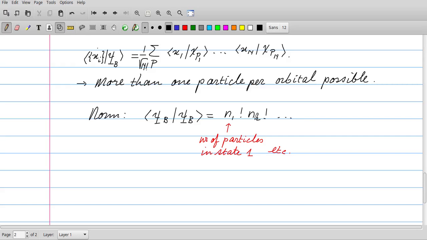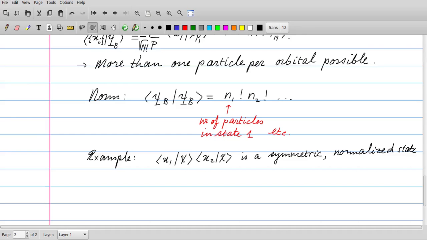Let us work out a simple example. As an example, we take two particles, 1 and 2, and they are both in the same state, which is chi. So the wave function then is x1 in chi and x2 in chi, and if these two orbitals are nicely normalized, then this is a symmetric normalized state. If we swap x1 and x2, we get the same state.